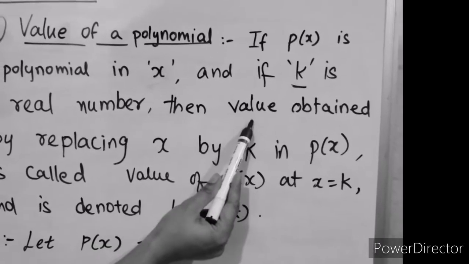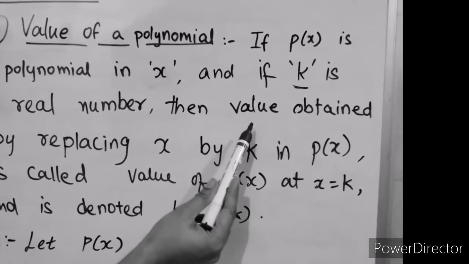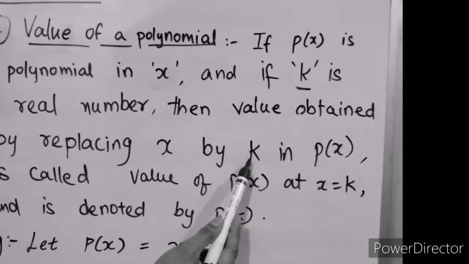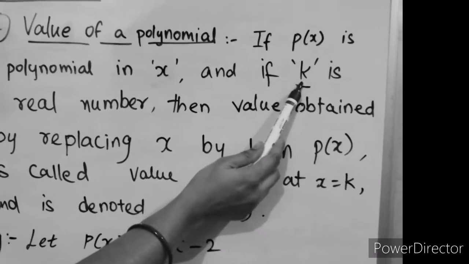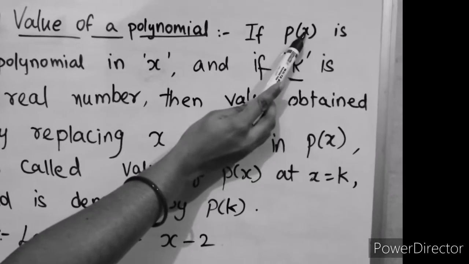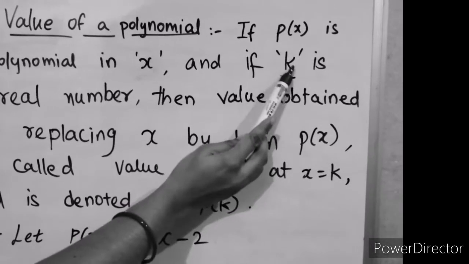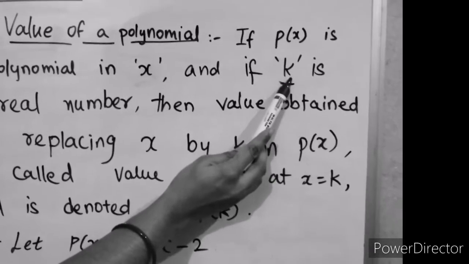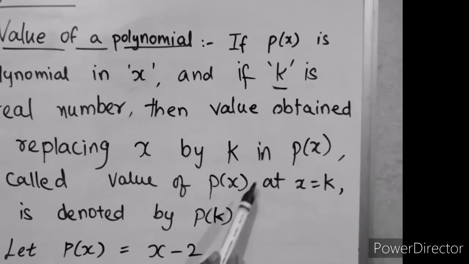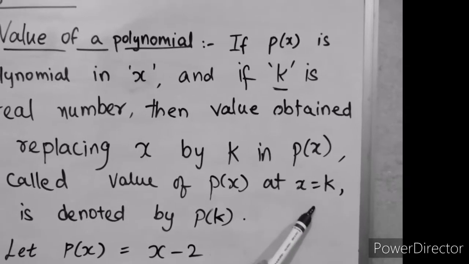Whatever value you are going to get as a result when you replace this x by k, meaning this k you are going to put in the place of x. Instead of x, now in the equation you will be writing k. This is called value of p of x at x is equal to k.